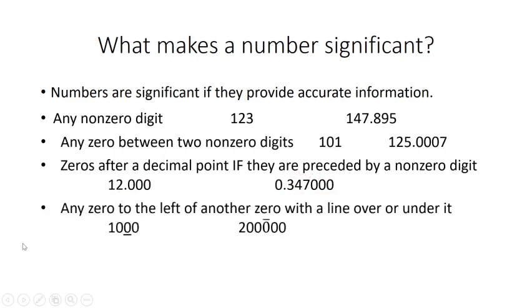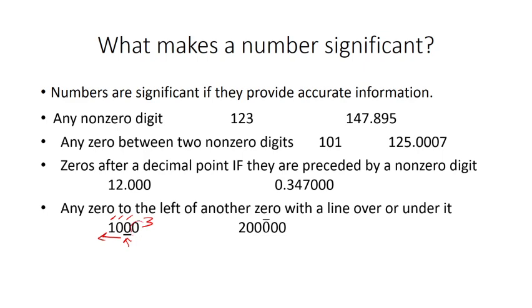And then any zero to the left of another zero with a line over or under it. In this case, with 1,000, we have 1, 2, 3 significant digits because this one with the line and anything to the left of it is significant. So that is 3 significant digits.